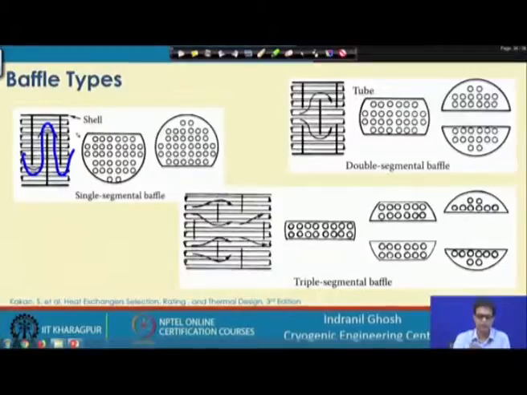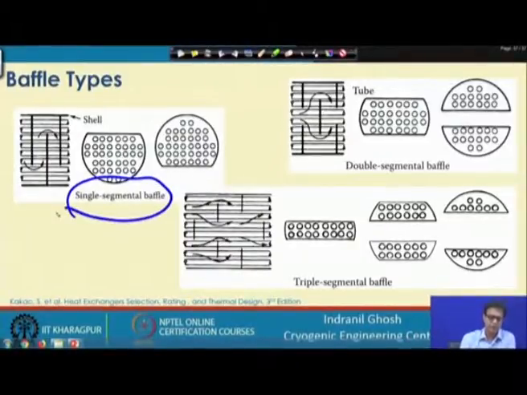So, as I was telling, there are different types of baffles possible. We have the single segment baffle. So, it is only one segment, then we have the other segment, and if this is the one corresponding to this, the other one corresponds to that.